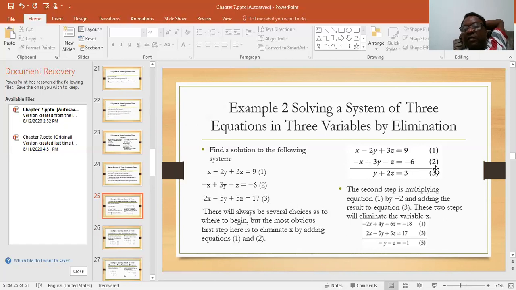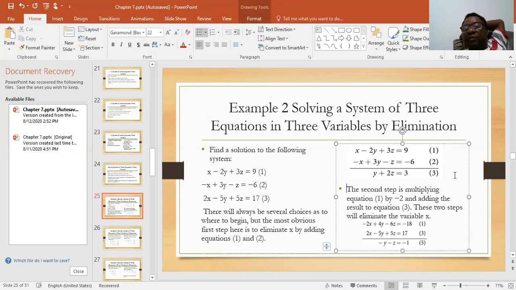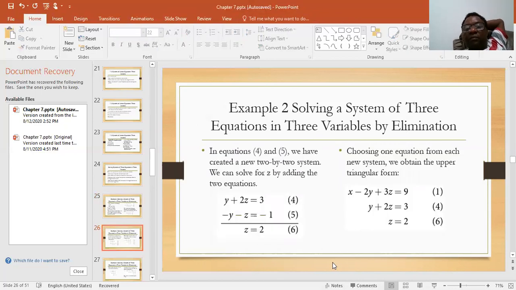Sorry, I put it here as 3. Anyway, we have y plus 2z equals 3 and minus y minus z equals minus 1.